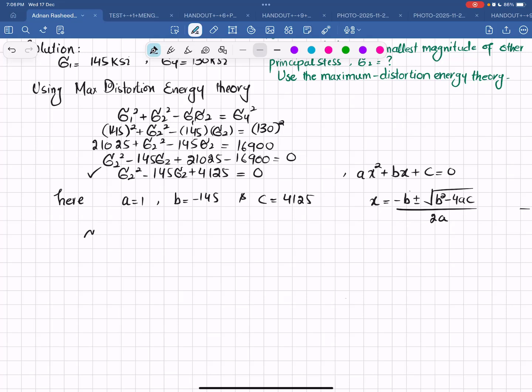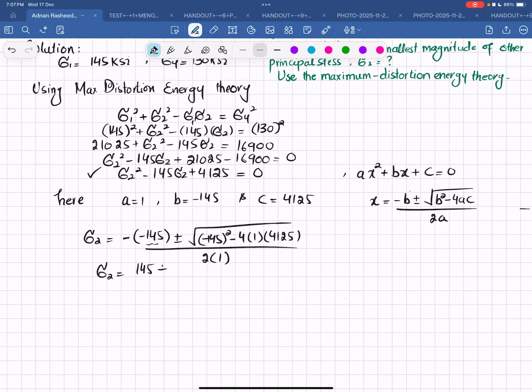So we will have the solution of sigma 2 equal to minus b, which is 145, because this is a minus sign, plus minus the root of b square, which is minus 145 whole square, minus 4 times a, which is 1, into c, which is 4125, divided by 2 times a, which is equal to 1. So you will get sigma 2 equal to 145 plus minus.